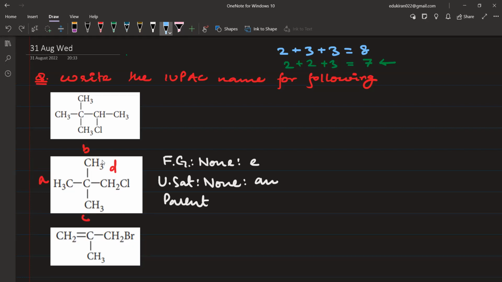D carbon atom, right? So start from D, 1. Then I go to the next carbon atom, 2. If I go above, below or towards the left, I get only 1 carbon atom, so I just follow the linear structure, 3. Now we highlight the parent carbon chain, and we have identified 3 carbons: 1, 2, 3.